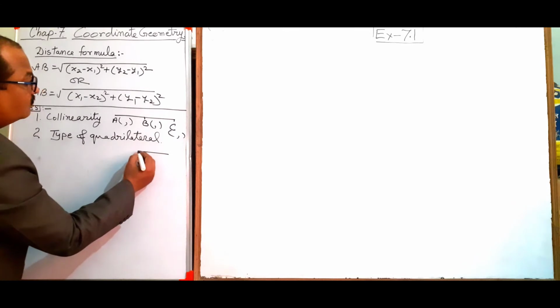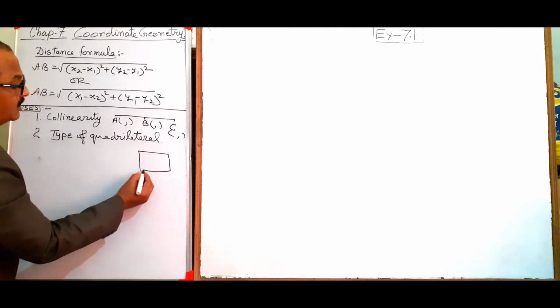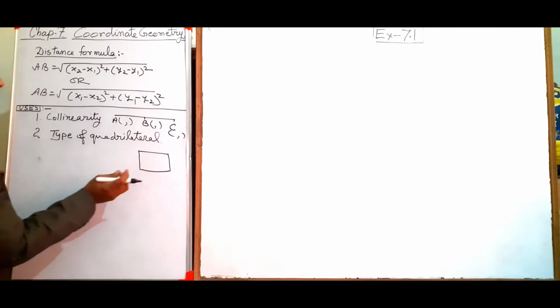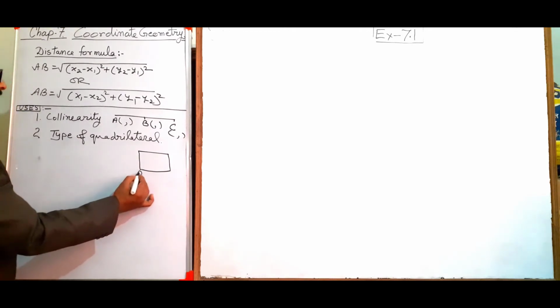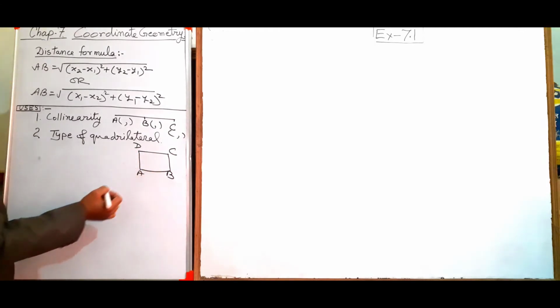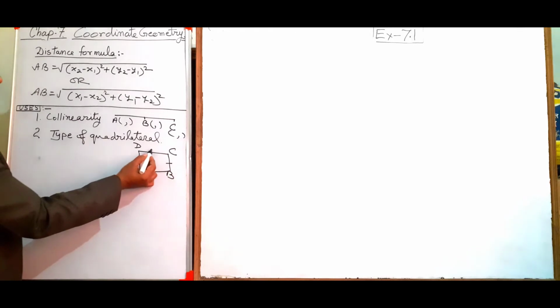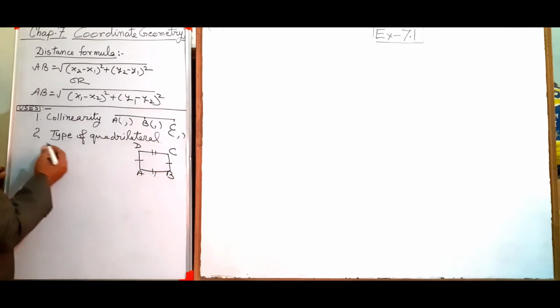Suppose there is a quadrilateral and we want to prove it is a rectangle. For proving it as a rectangle, if 4 coordinates A, B, C, D are given, you know the condition: opposite sides are equal. So I am giving the conditions one by one.